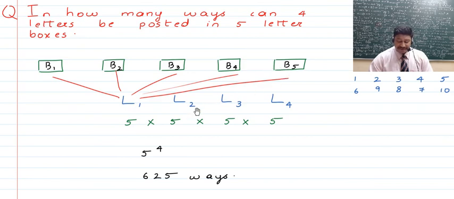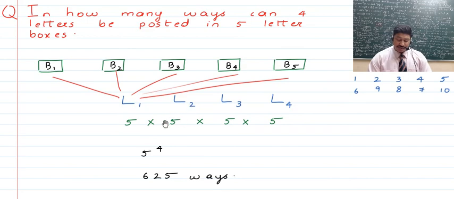Similarly, for the second letter, after the first letter has been deposited in say B1, letter 2 can even be deposited in B1 because the box B1 will have enough space to take in 4 or many more letters, right? So letter 2 will also have a choice of being deposited in any of these 5 boxes.